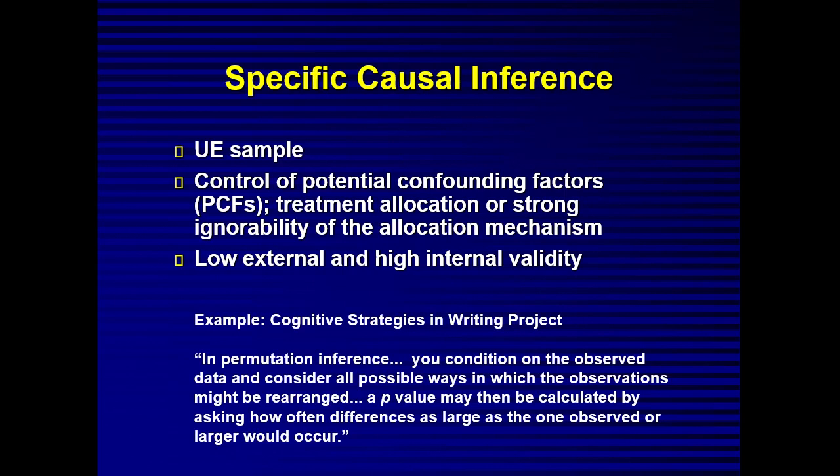Just like he doesn't talk about do you have random samples, he talks rather about do you have a sample that's just like the population. Similarly here, rather than saying did you use randomization, he's saying did you control all the potential confounding factors?